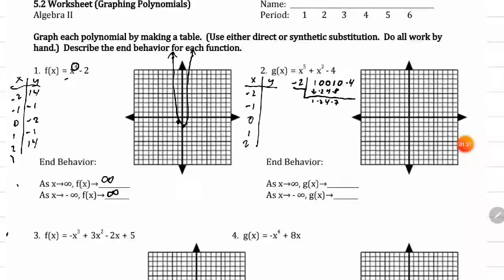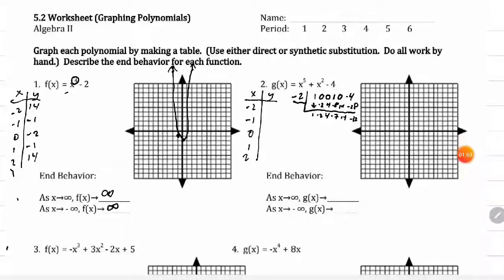Then I have 0. Oh, -2 times -7 is +14. 0 plus 14 is 14. Then we got -28. -28 plus negative 4 is negative 32. So my y value here is negative 32.